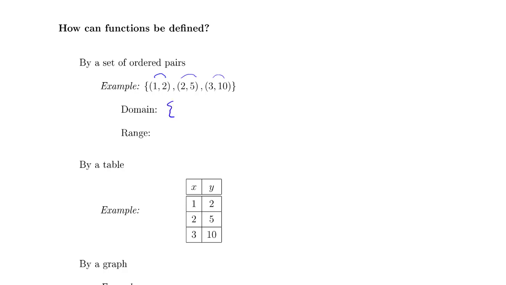This is a very small function, just 3 inputs and 3 outputs. So the inputs, the domain, are 1, 2, and 3, and the outputs, the range, are 2, 5, and 10. Okay, so that's a very simple function, going from 3 points to another 3 points.